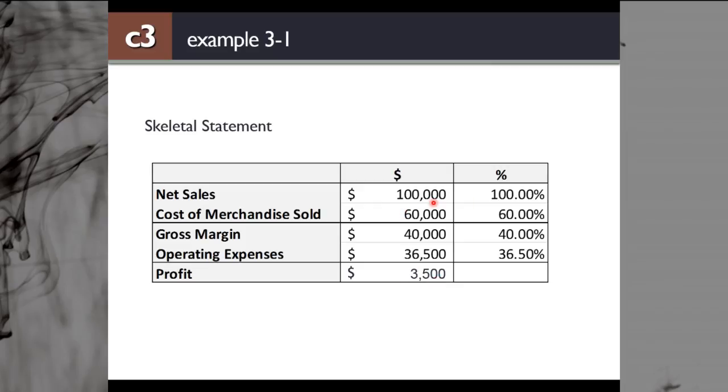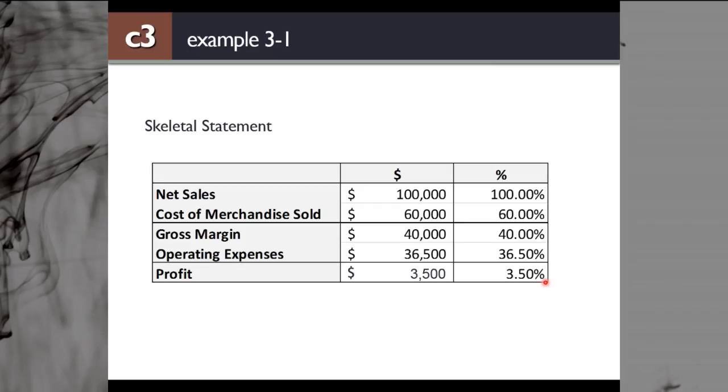Yes, that's going to be the net sales. So 3,500 divided by 100,000. So you will get 3.5% as your profit.